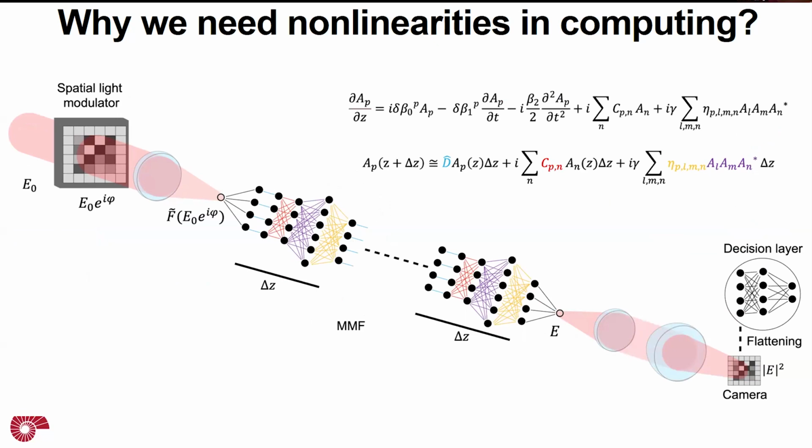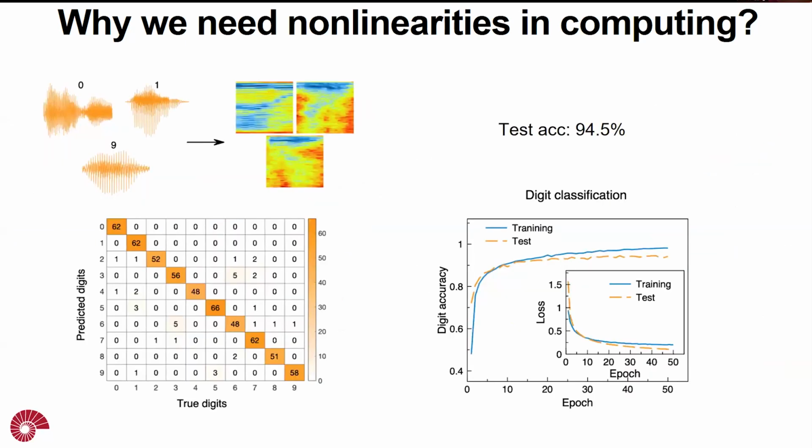It looks like this if you decompose to the modes. The complex field is phase modulated, then Fourier transform, mode decomposition, with nonlinear propagation, and then the image on the camera. The camera measures the absolute square, an additional nonlinearity, but it doesn't affect too much. And you have the decision layers. Let's say I have a data set of different people speaking digits. It's an audio digit data set, thousands of audio files, and different people say 1, 9, 8, something.